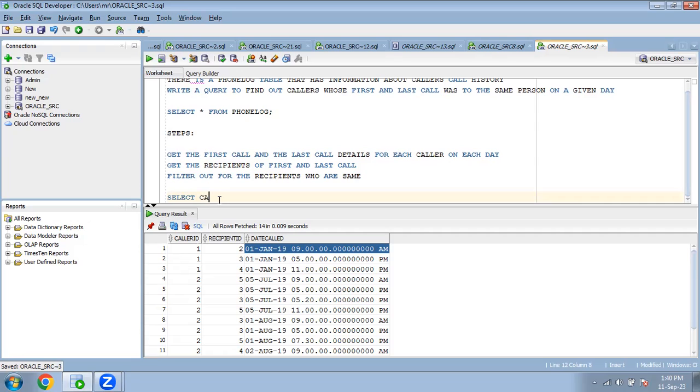For each caller ID, for each day, I need to convert that complete timestamp into a date value, so here date call in the format of DD-MM-YY. Then I want to know the minimum and the maximum time of each day.